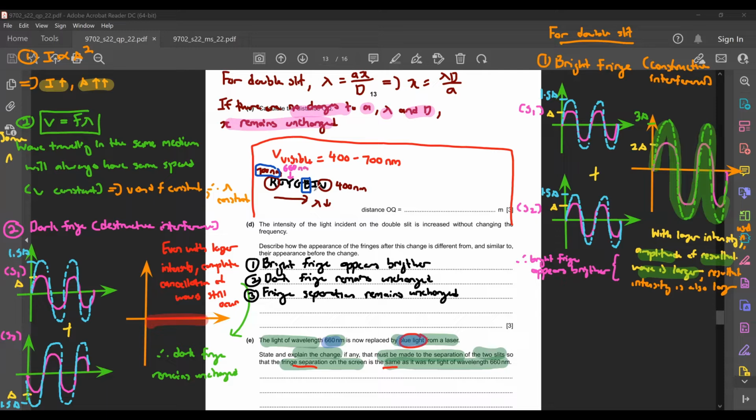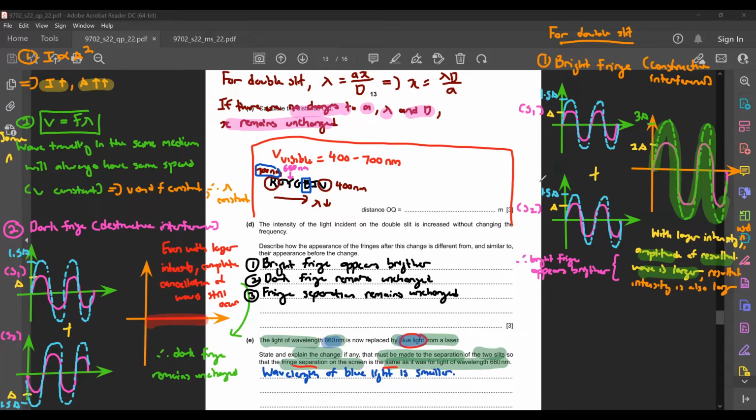This one is 600 nanometer. So blue light is a bit further off towards the right. Going towards the right is where wavelength decreases. You can say that the wavelength of blue light is smaller, by using some common sense. All right, so I can say that the wavelength of blue light is smaller. This is definitely one point you want to say.